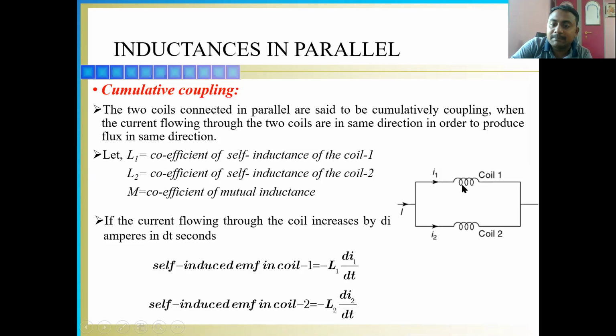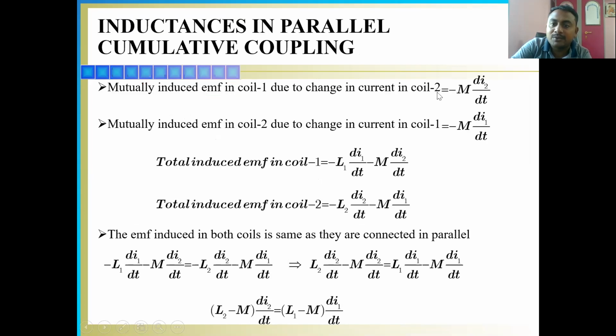For an additive polarity, because the current enters at both dotted terminals, the sign of the mutual inductance follows the self-inductance. We consider the negative sign, so I write minus M di2 by dt and minus M di1 by dt.